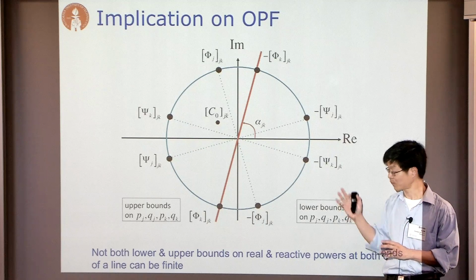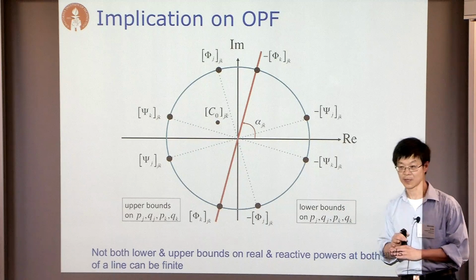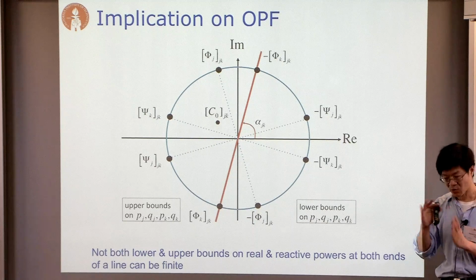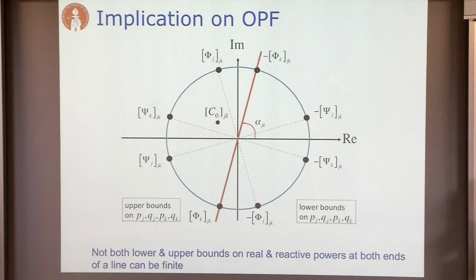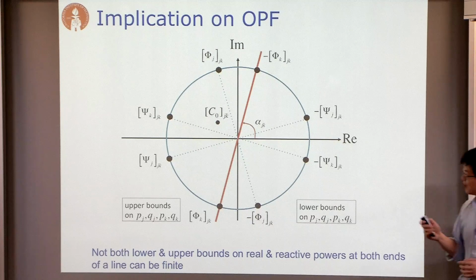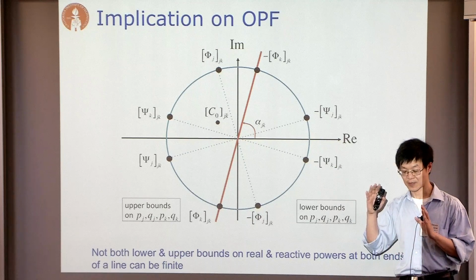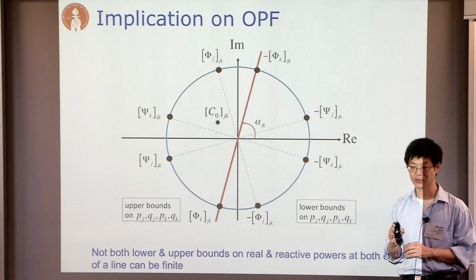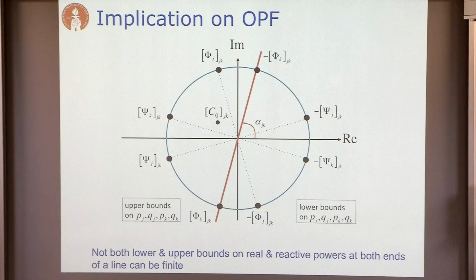It turns out for this condition, the voltage limits do not matter. It's the upper or lower bounds on the generation limits or load limits. And then there are some other conditions where the bounds on the generation and load limits are not important. It's only the upper bound on the voltage that is important.